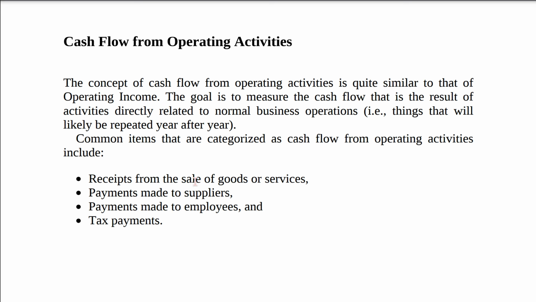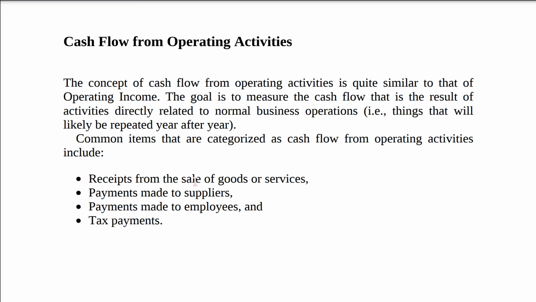Another one is payments made to suppliers, payment made for raw material purchases to the suppliers, etc. And payment made to employees in the form of salaries, that is direct wages. Here it is an employee who is into the direct operating unit of the organization, not an indirect employee who is doing admin work or accounts work.